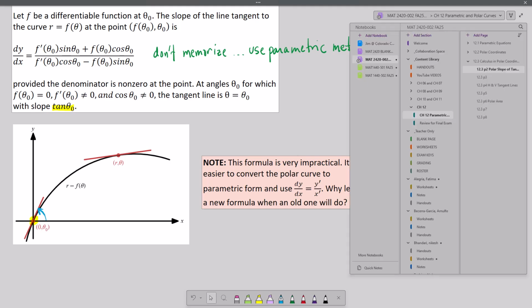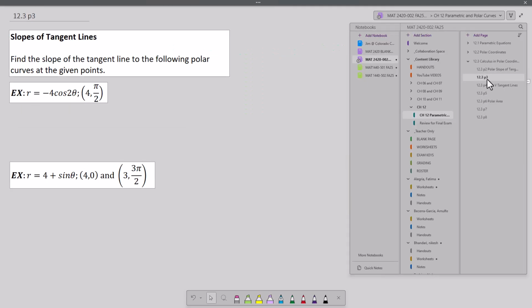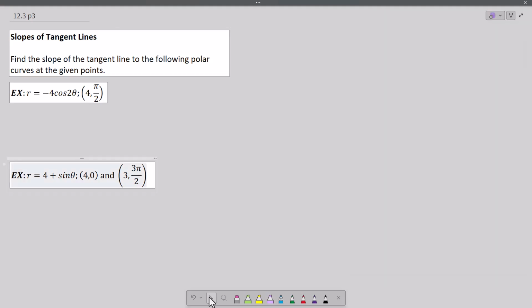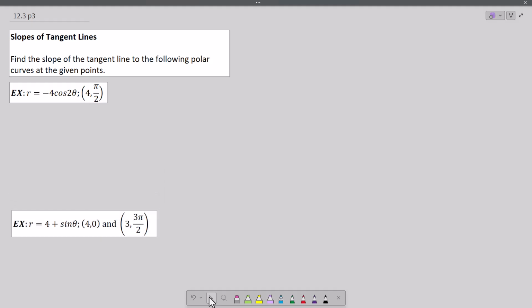All right, let's do this. We're going to need more space, so I can already tell. Find the slope of the tangent line to the following polar curves at the given points. All right. So again, my recommendation is let's first convert to parametric.